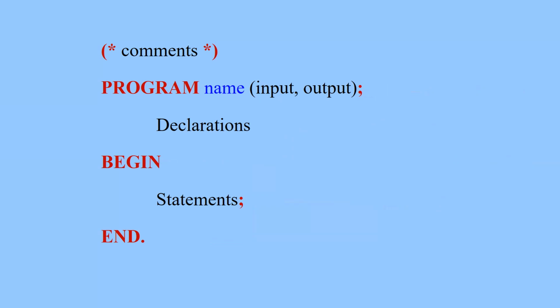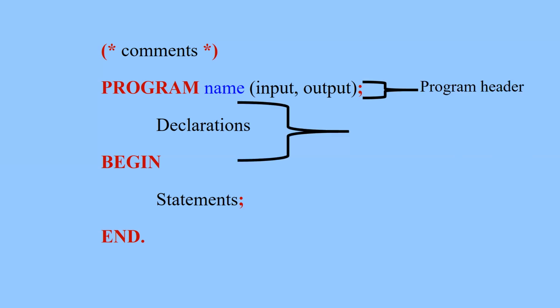Then you have the begin, with the statements that you want to be executed, which can be input statements, output statements, processing statements, etc. And then you have the end with a period, a full stop. That's the general structure. Then this part, which commences with the keyword program, is called the program header. Then it is followed by the declarations section.